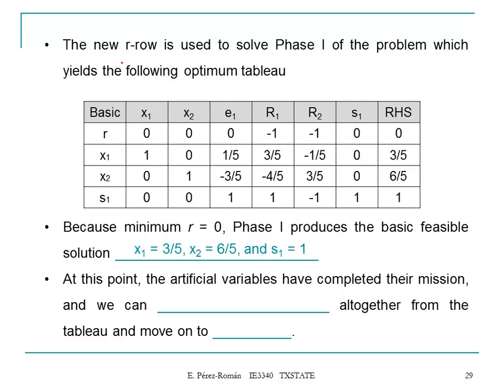If you look at these values on the right-hand side, that's telling you the values of the basic variables. At this point, the artificial variables have completed their mission, and we can eliminate their columns altogether from the tableau and move on to phase 2. So we're going to eliminate these columns, and we're going to use the rest of the information for phase 2 of the method.